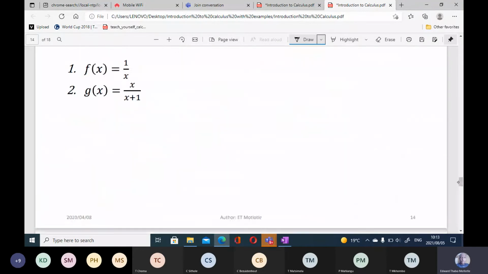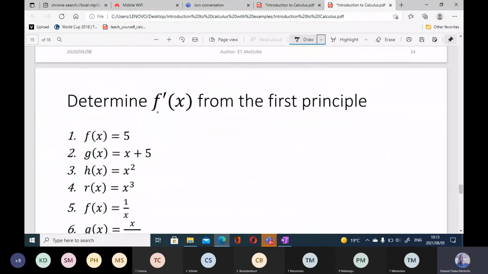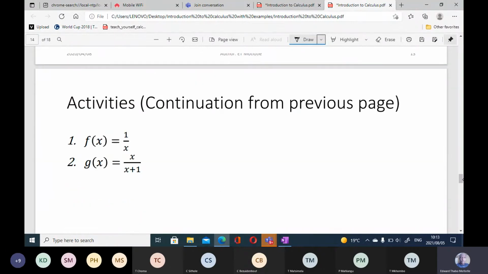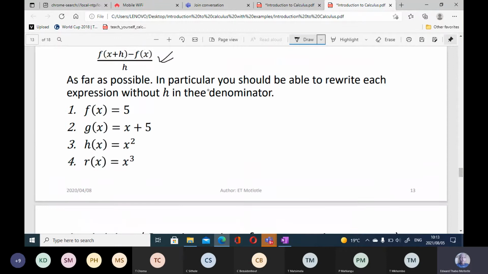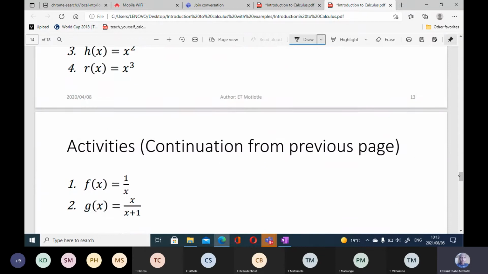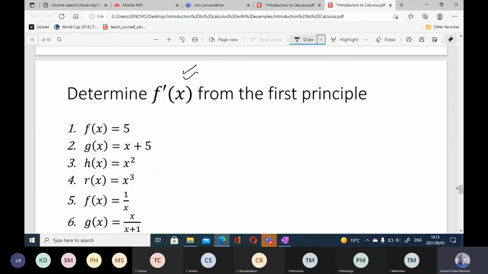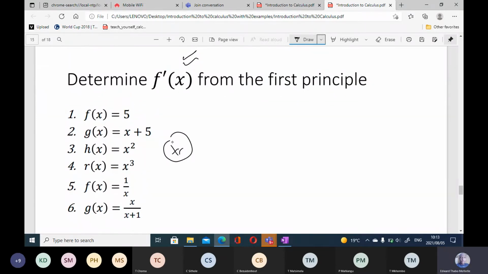Okay, if we check, immediately after that, they say that you determine the derivative from the first principle. So we have two options. You can do it directly. Maybe we can jump this one and just go directly to the first principle because these two are related. Okay, I think we should focus here. Let me solve some of these problems, not all of them.